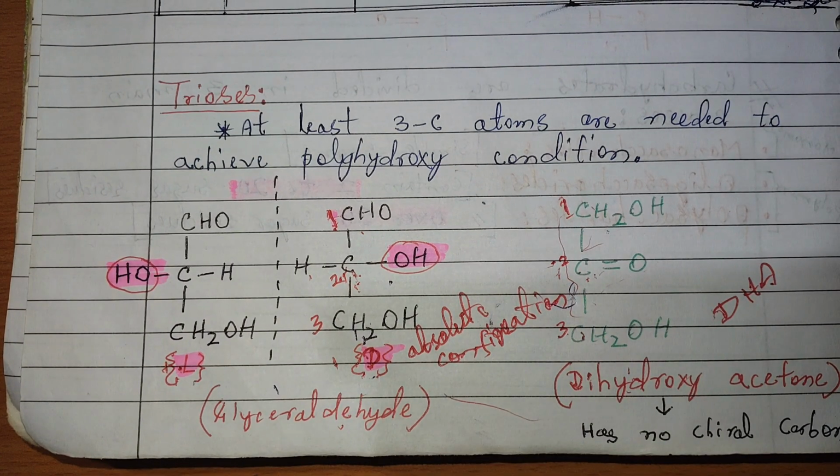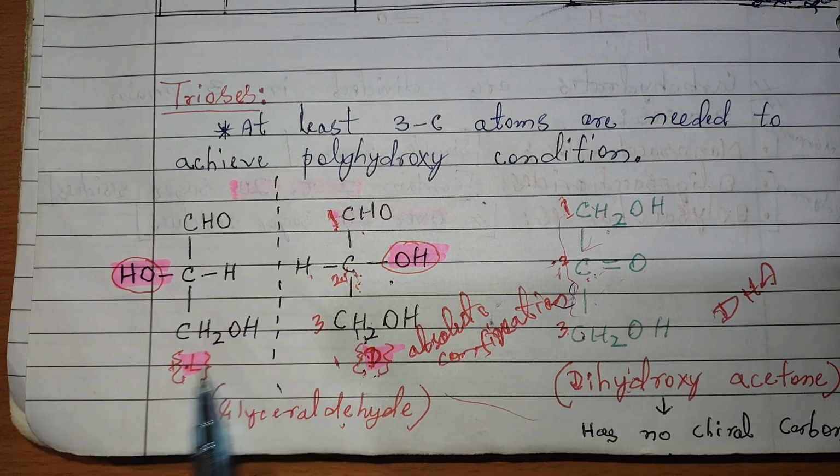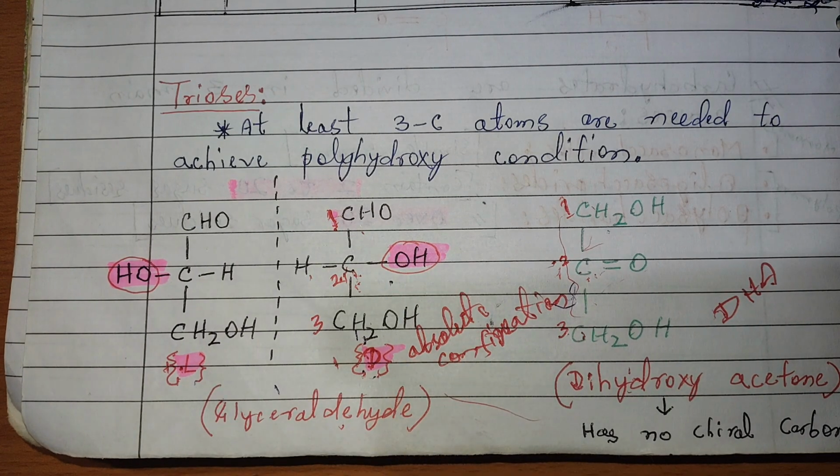They are also referred to as enantiomers. That is, they are going to rotate the plane polarized light in opposite directions. D-glyceraldehyde is going to rotate in one way, and L-glyceraldehyde is going to rotate in the opposite way with the opposite rotation angle.